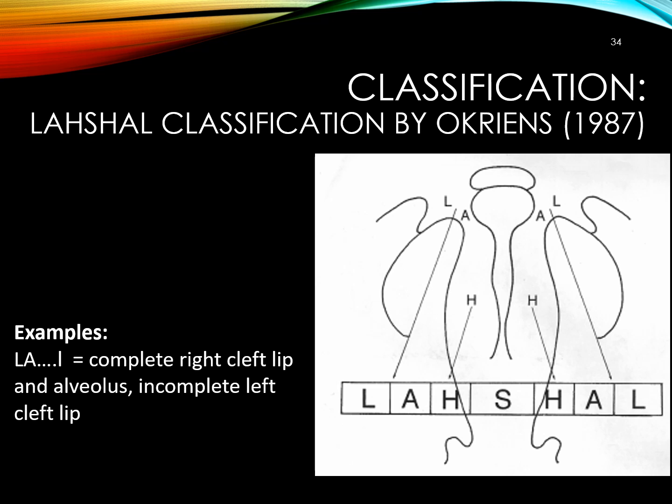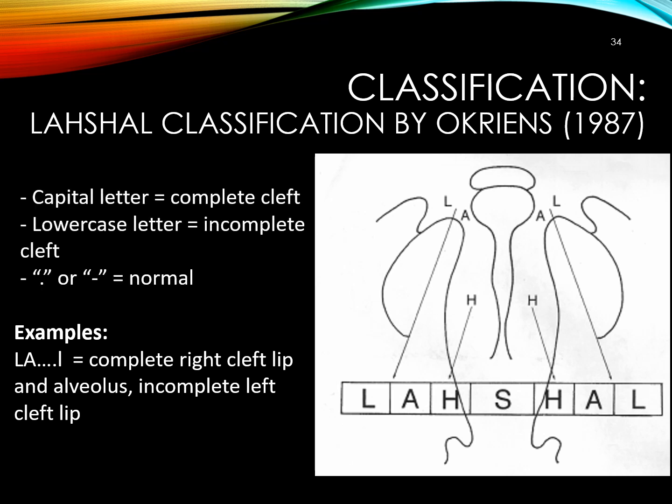How can we use this classification? According to the affected areas, we need to write some capital letters. A capital letter means a complete cleft. A lowercase letter means an incomplete cleft. And a mark like a dot or another mark means normal.